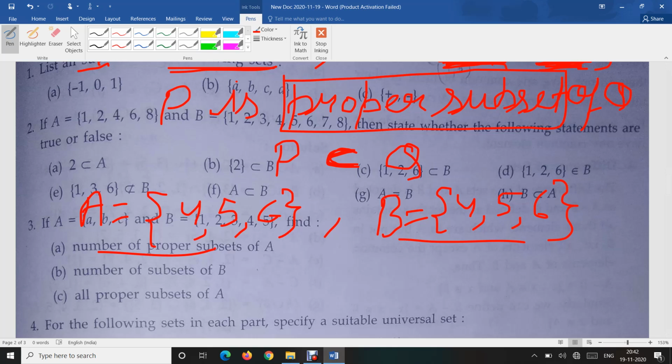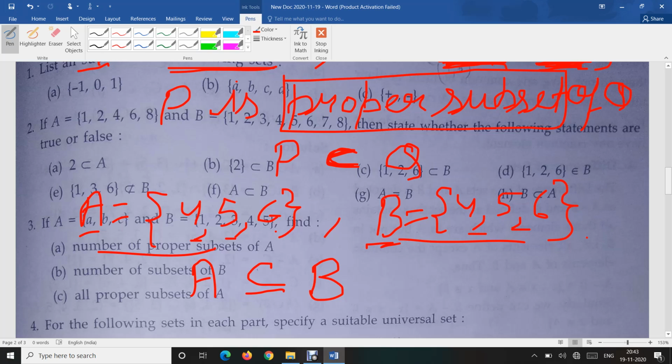The condition is that every element of set A should be present in set B. So 4, 5 and 6 are the elements of A and these elements are present in set B. So we can say that A is the subset of B.